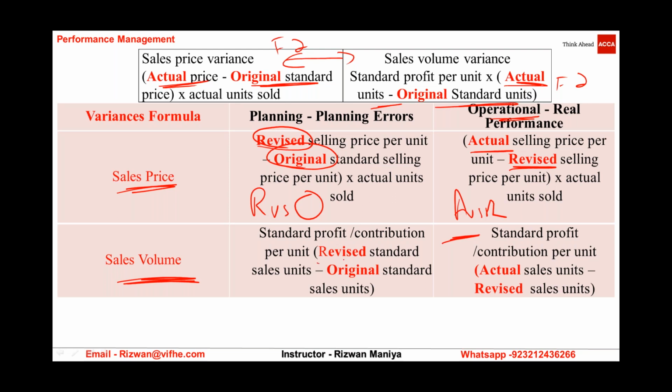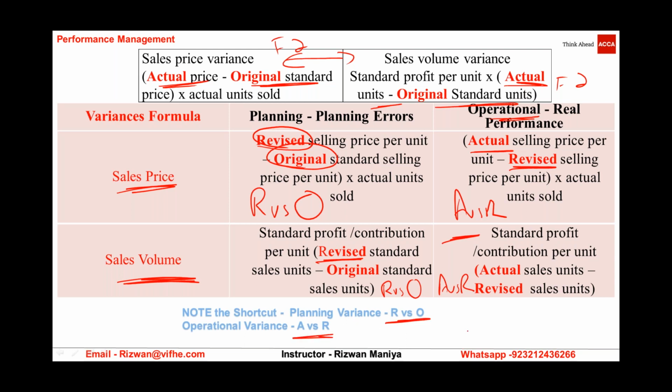Quickly, let's see for volume. For planning, it's revised versus original. For operational, actual versus revised. The key point is R versus O for planning and A versus R for operational in sales.